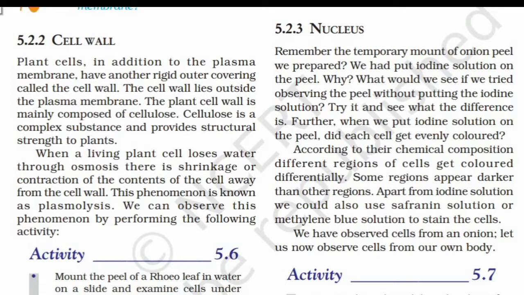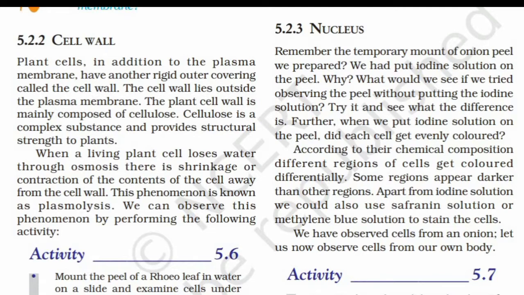Cell wall. Plant cells, in addition to the plasma membrane, have another rigid outer covering called the cell wall. What does this mean? Plant cells have the plasma membrane, but one more outer covering is there in the case of plant cells, and it is called the cell wall.